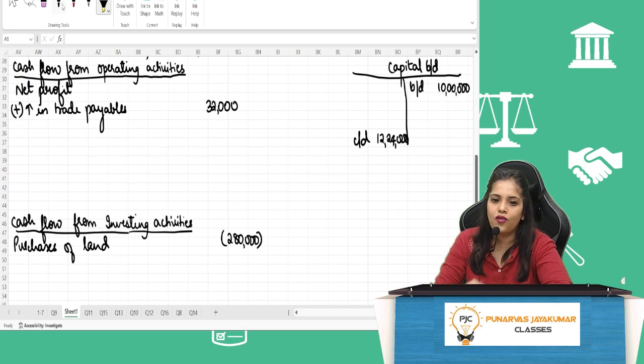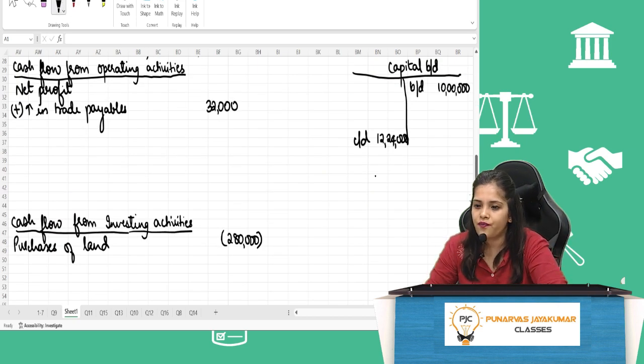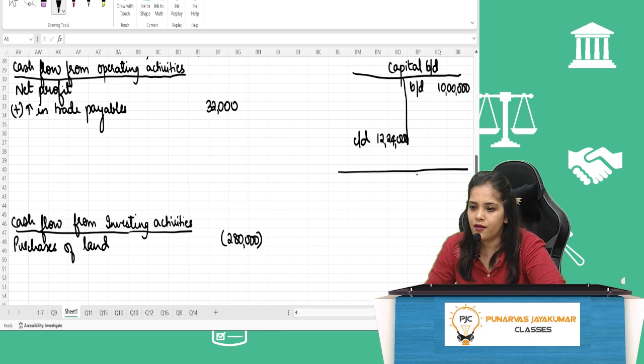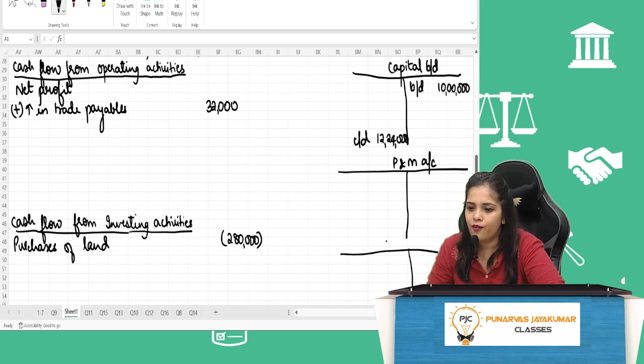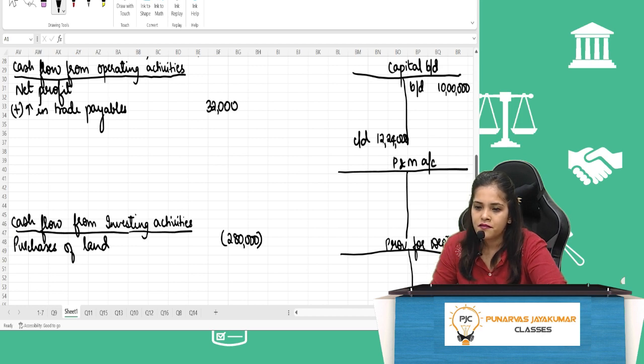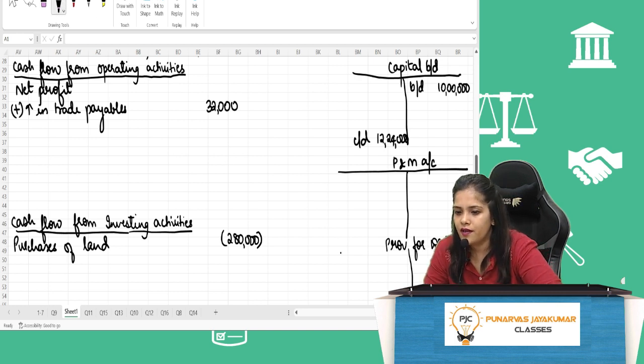See here. Here asset will always appear at original cost. Okay? So now prepare two accounts. One will be plant and machinery account, and second will be provision for depreciation account. Okay?